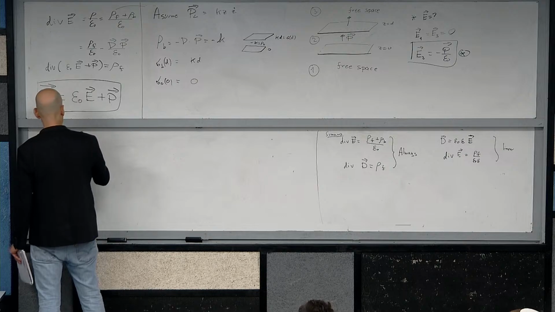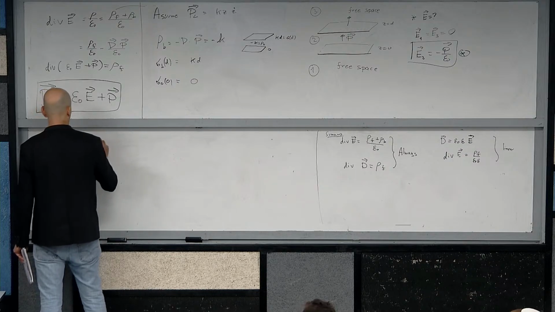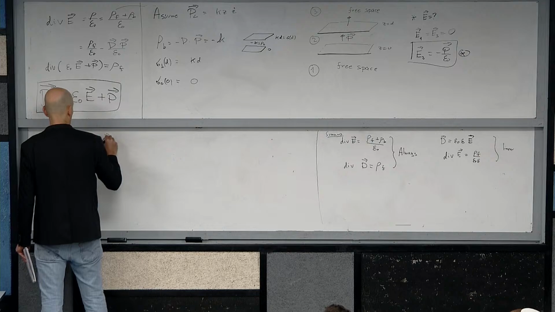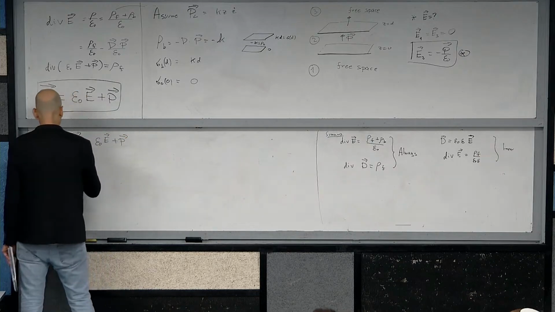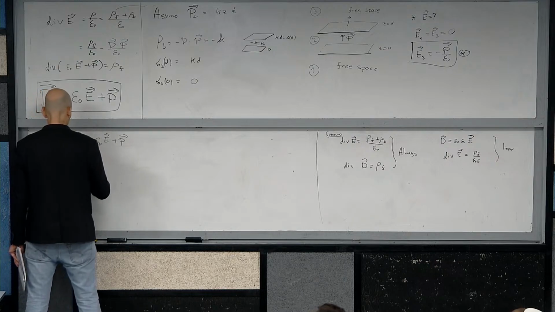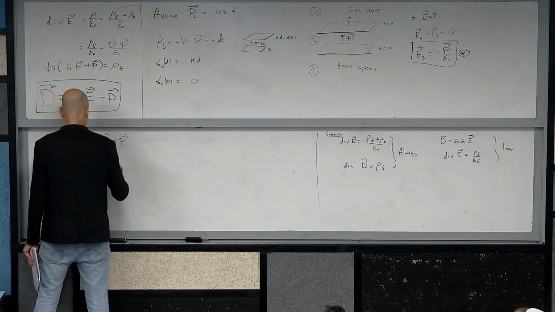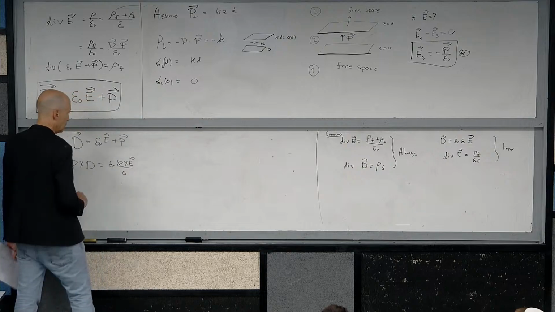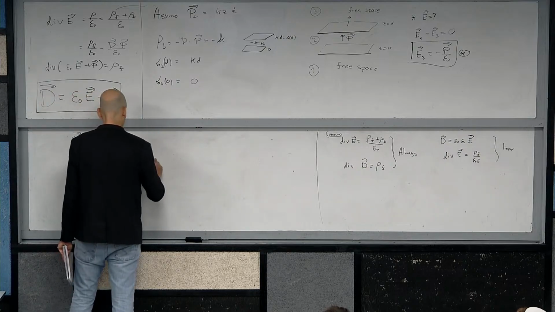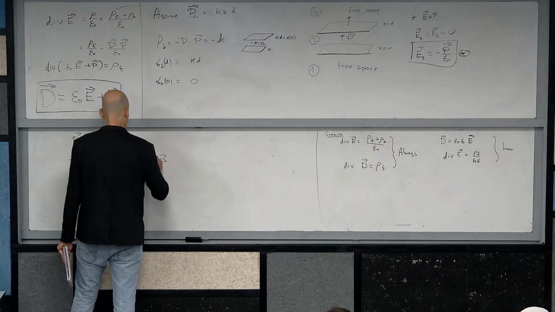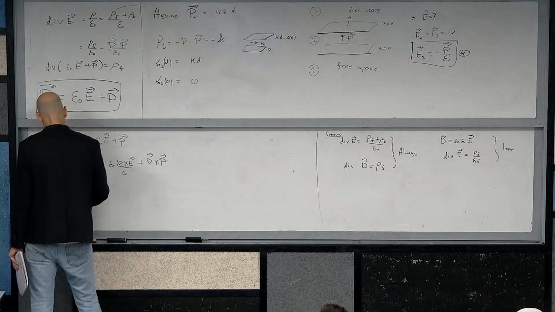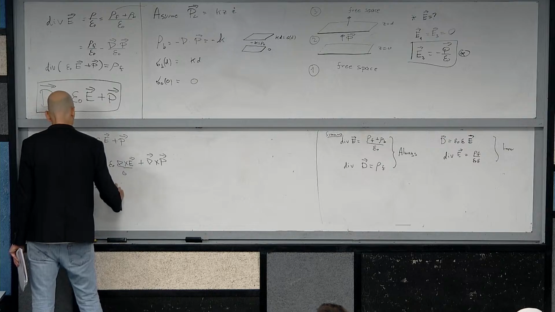By definition, we have this, but let us copy this equation, D equals epsilon 0 E plus P. And therefore the rotor of D is equal to epsilon 0 times the rotor of E. But what is the rotor of E in electrostatics? It's 0, plus the rotor of P. So we have rotor D equal to rotor P.